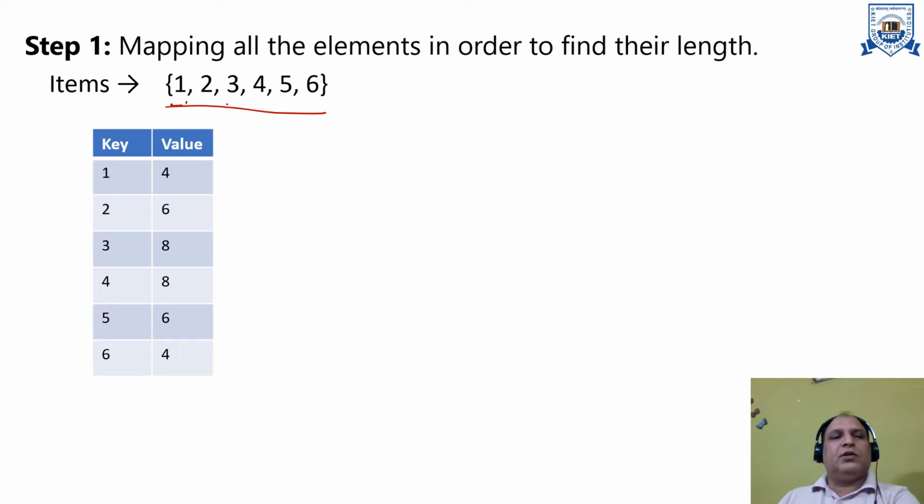Now if we talk about the first item, 1 is occurring 4 times. Similarly, 2 is occurring 6 times, 3 is occurring 8 times, 4 is occurring 8 times, and 5 is occurring 6 times. So these are the occurrences or frequencies of the individual items available in the transactions.